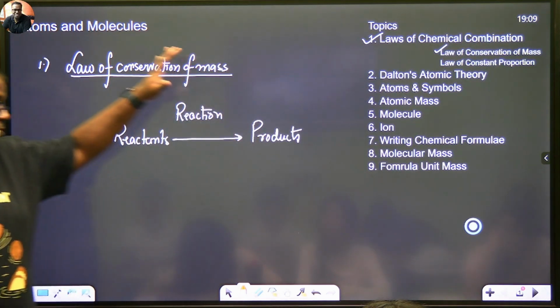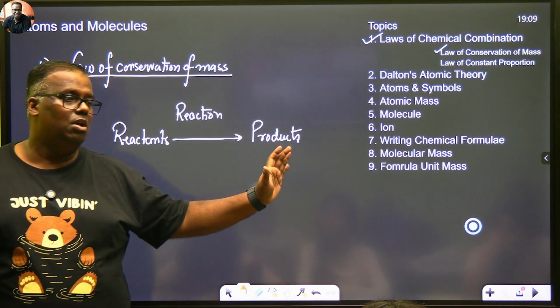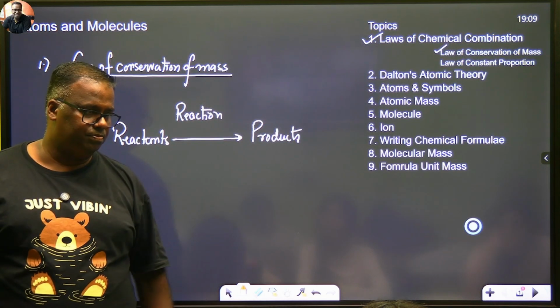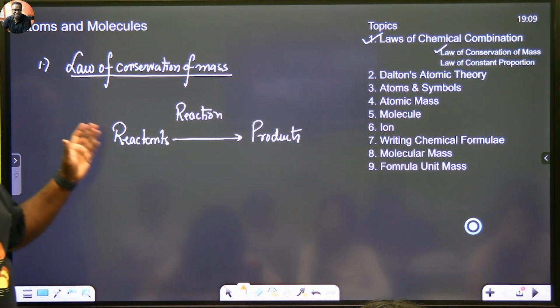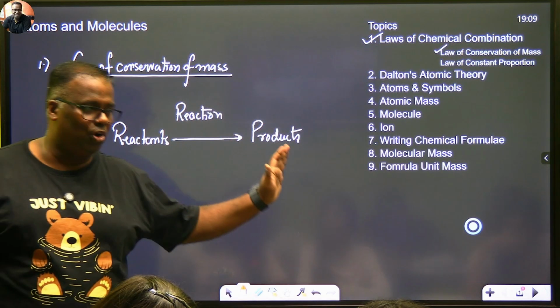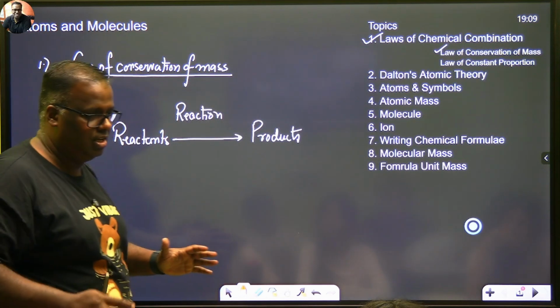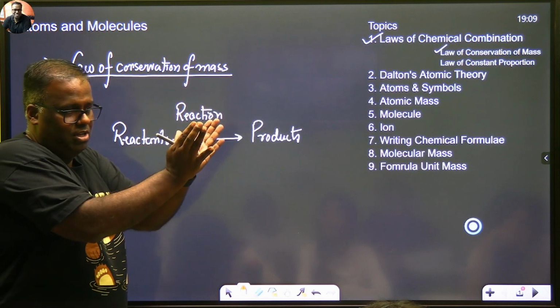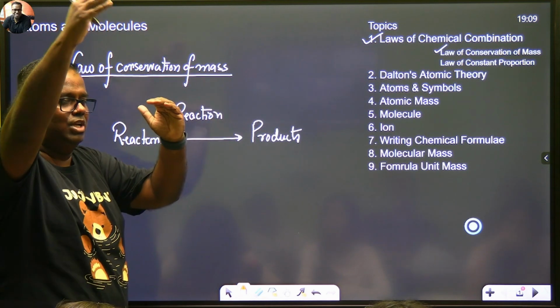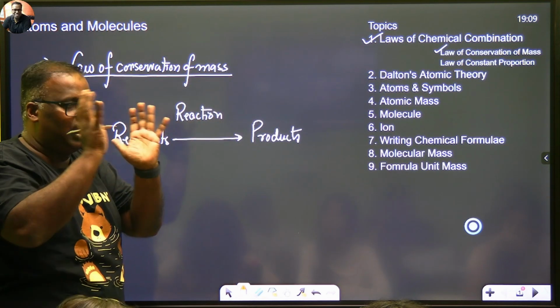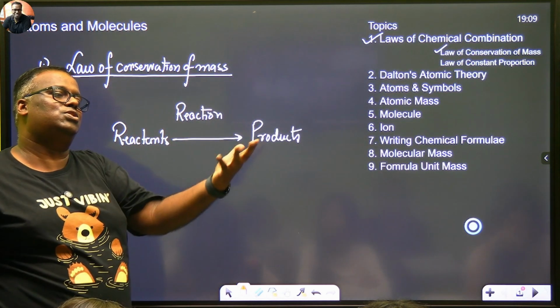So it tells us that in a chemical reaction, mass is always conserved, but there is a transformation of reactants to products. Mass is conserved means reactions happen in a system. I always said system, surroundings. So in the system, if there was X mass, after the reaction also there is X mass.